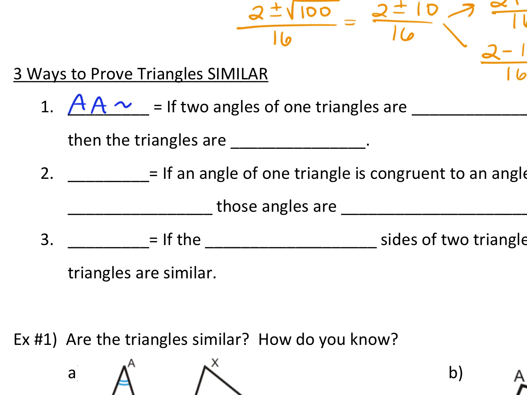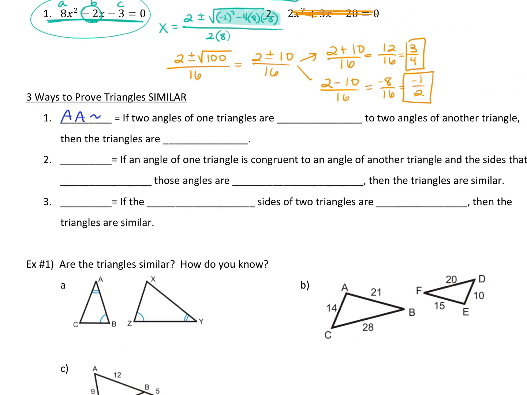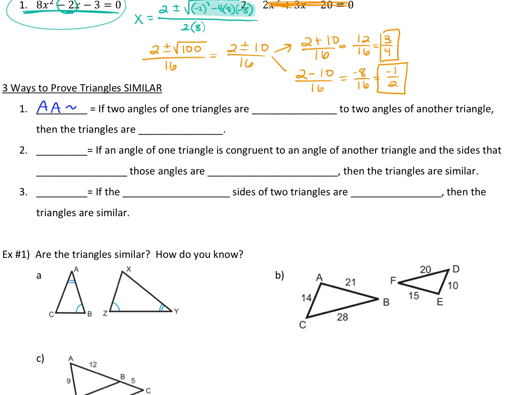They're all congruent, right? So even though the sides won't be the same, the angles will be when they're similar. So AA does exist. It says if two angles of one triangle are congruent to two angles of another triangle, then the triangles are similar.